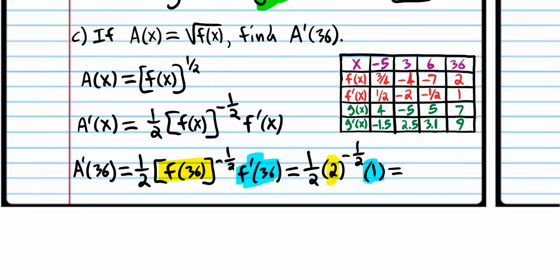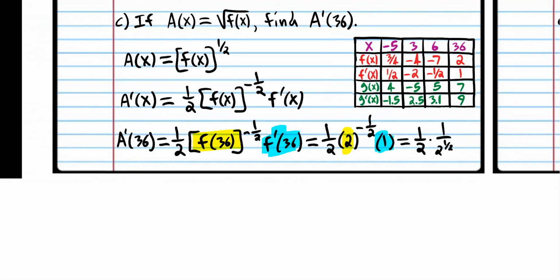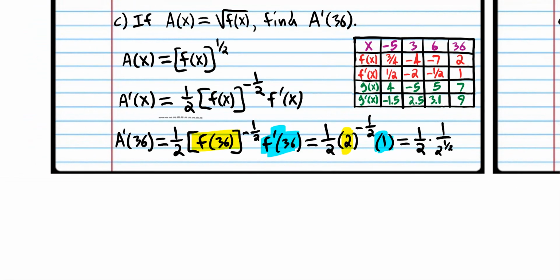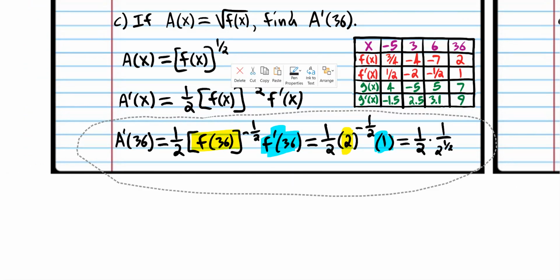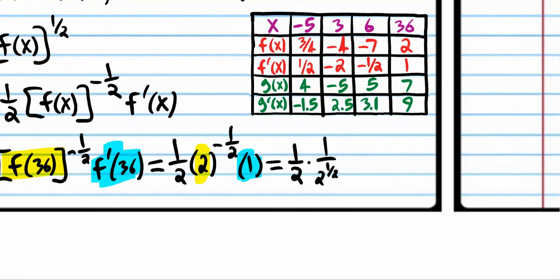Okay, so we don't have a lot of room, but this is going to be 1/2 times 1/2 to the 1/2. And 2 to the 1/2 power is root 2.